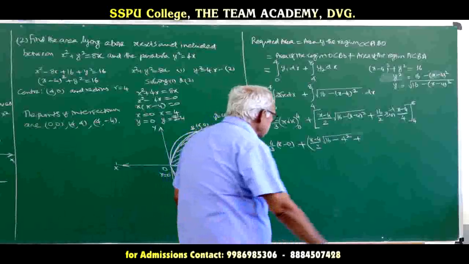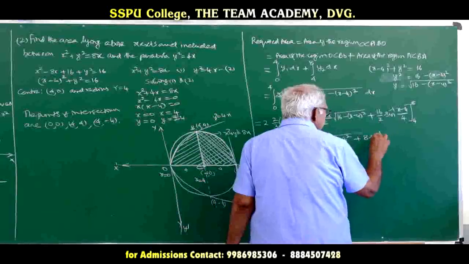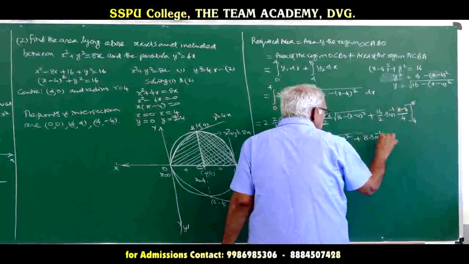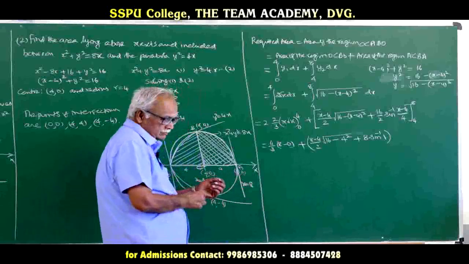Then the second term here is 8 into sin inverse of (8 minus 4) by 4, that is 8 into sin inverse of 1.